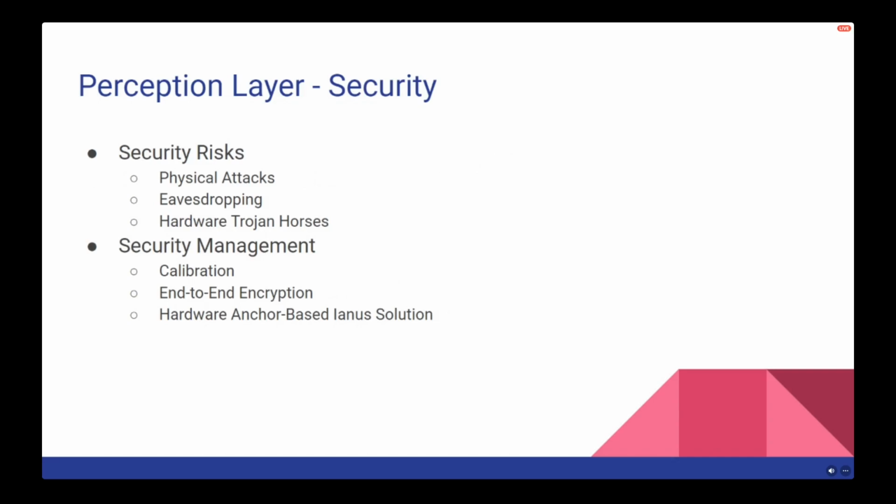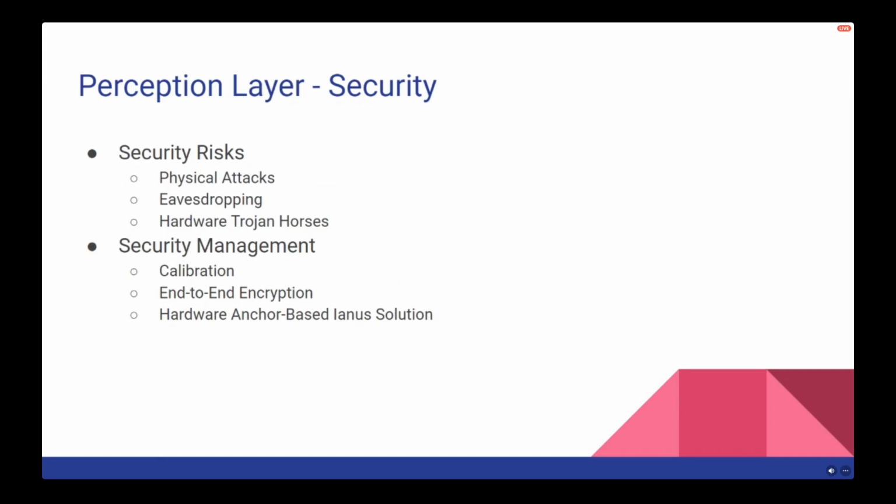Some of the security risks that come with the perception layer are physical attacks on these sensing devices, eavesdropping on the data that the sensing devices gather and send out, as well as hardware Trojan horses that affect the hardware of the sensors.